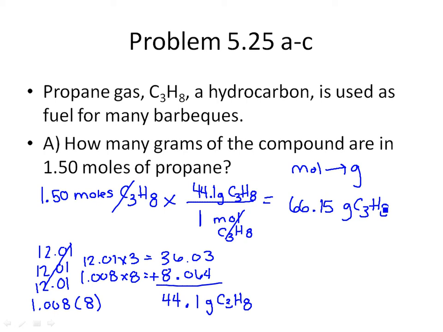Usually Mastering will tell you to round to a specific number of significant digits. But if we look here, we're starting with 3, so we would put in 66.2. If you start with 3, we're going to end with 3 significant digits.